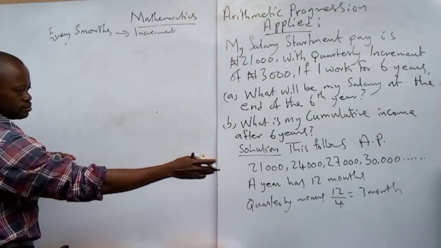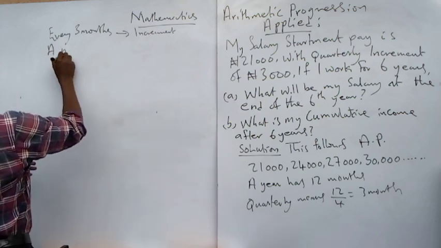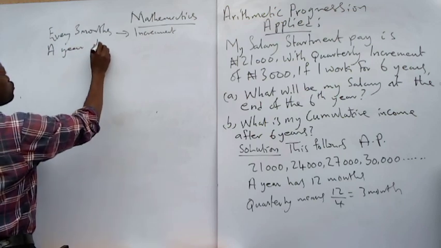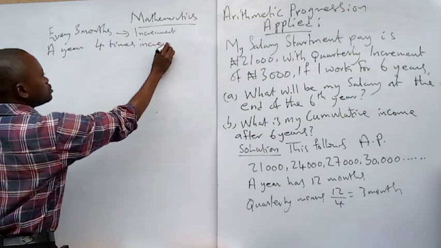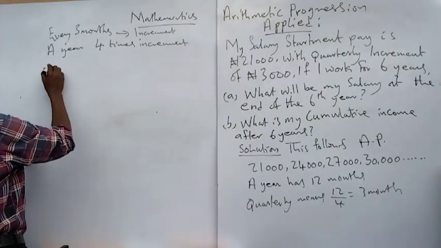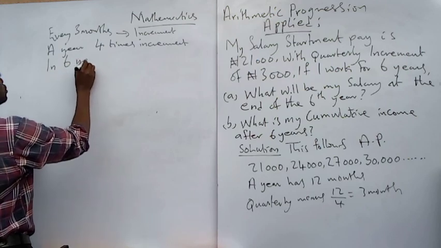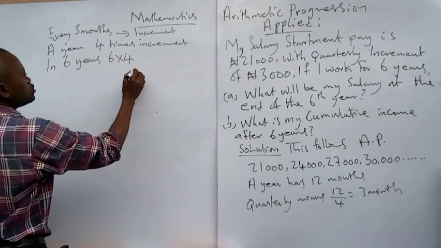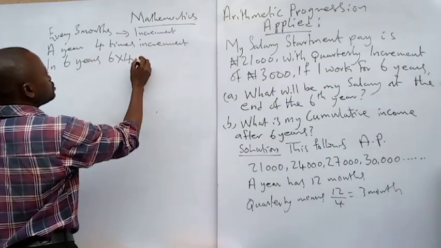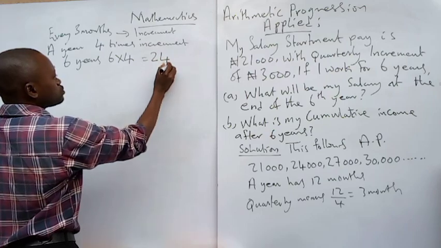Do you get it? In 6 years, we will have 6 times 4 increments, and 6 times 4 gives us 24.